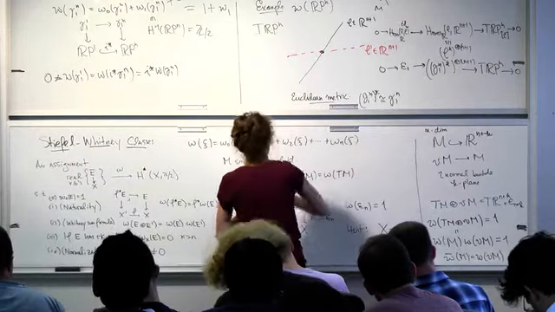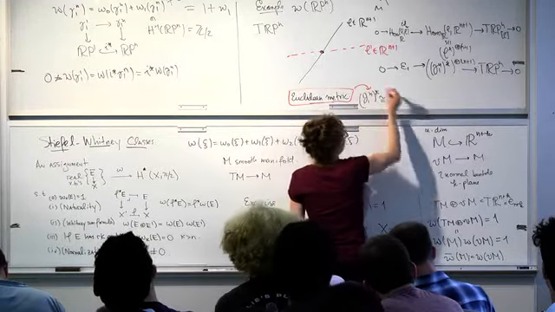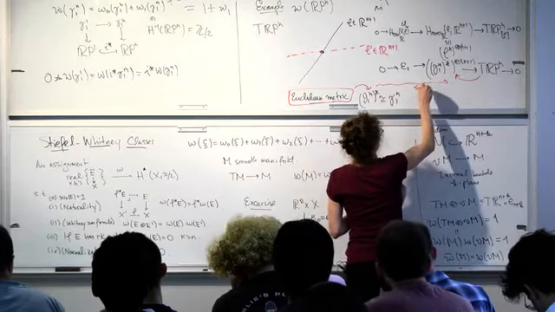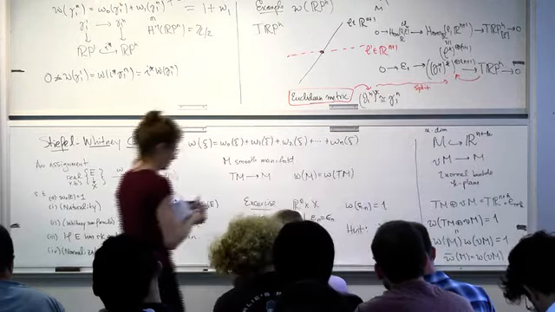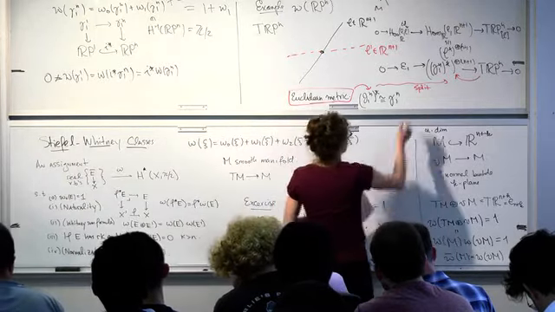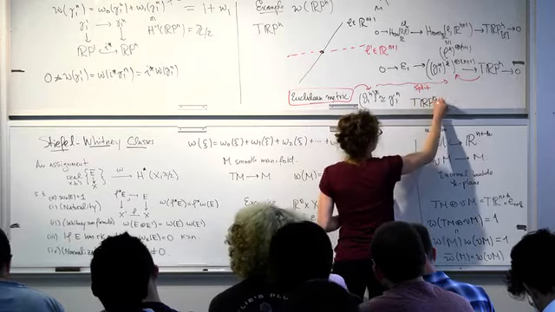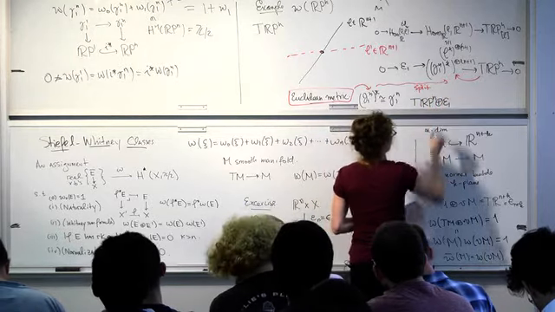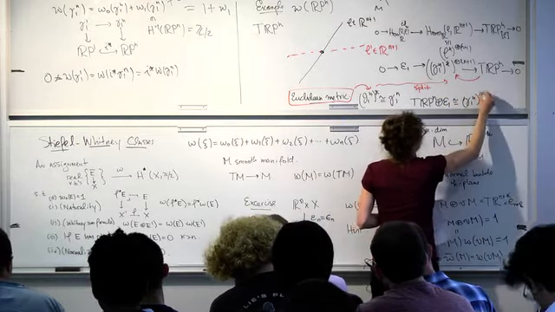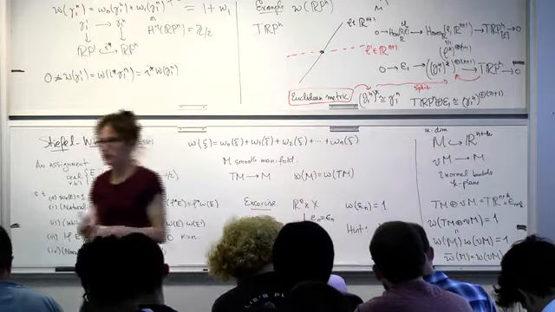So you have this metric here, and it gives you this, but it also gives you a splitting. So when you put all these things together, you get that the tangent bundle of RP^n plus a trivial line bundle is gamma^1_n summed with itself n+1 times.